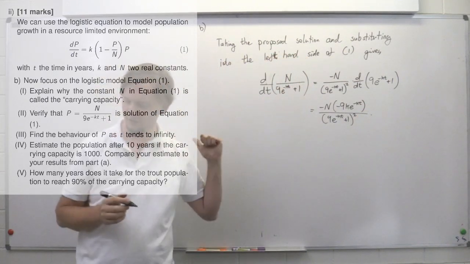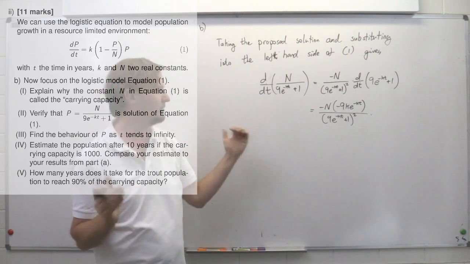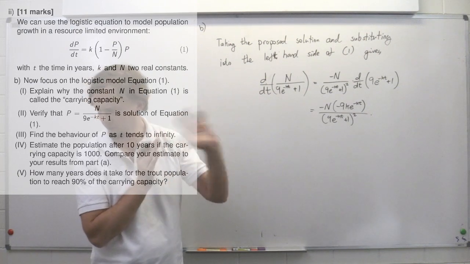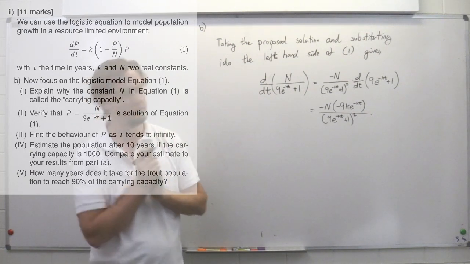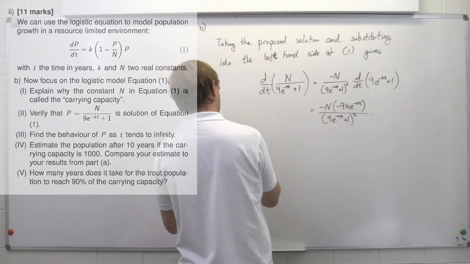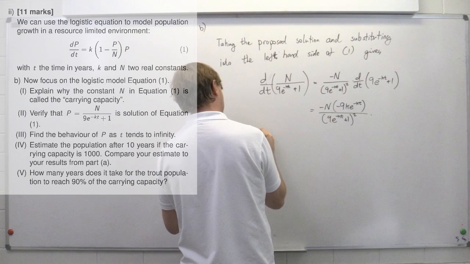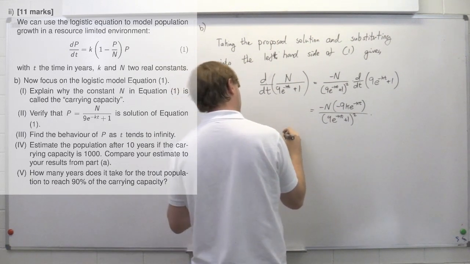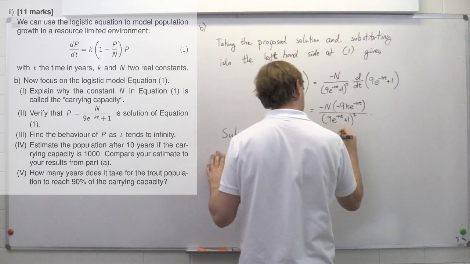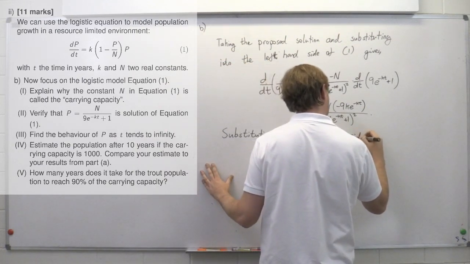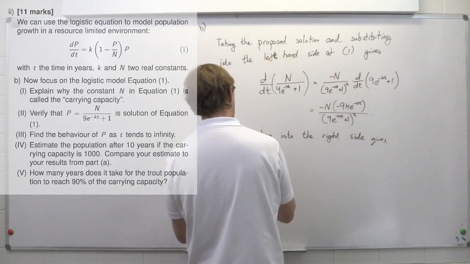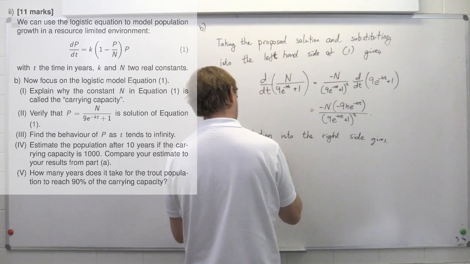Now I want to start on the other side and see if they meet in the middle, see if they join perfectly like they should. So let's take that proposed solution and plug it into the right hand side. So substituting into the right hand side gives, well, we're going to have k times 1 minus p over n times p.